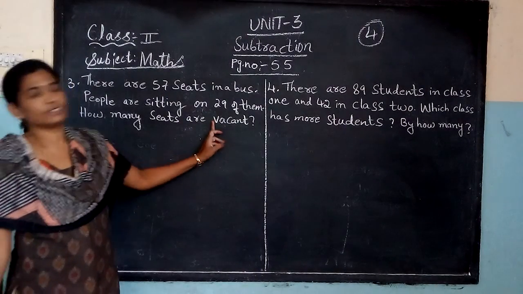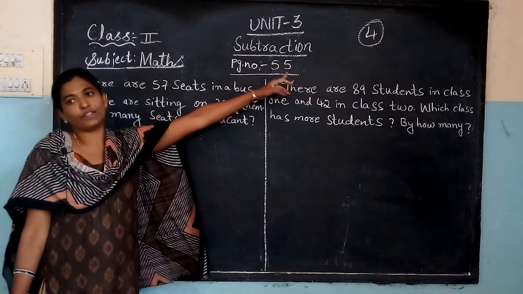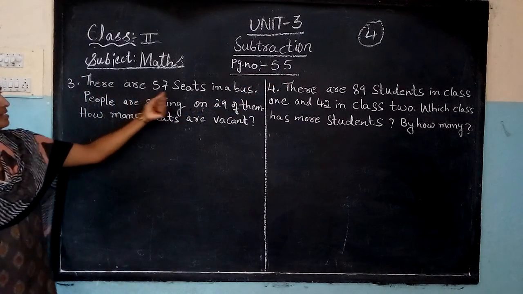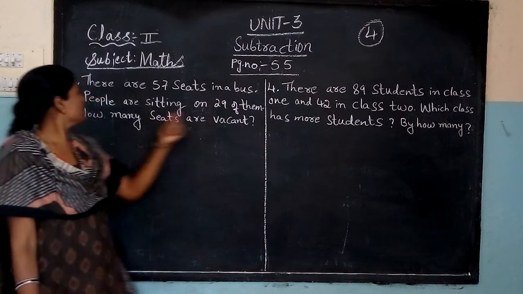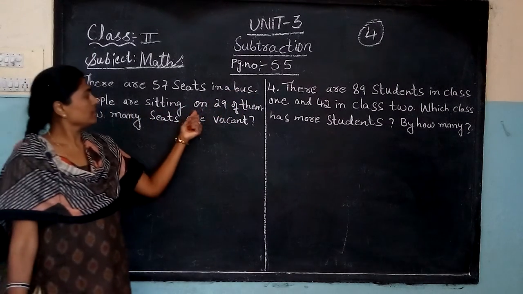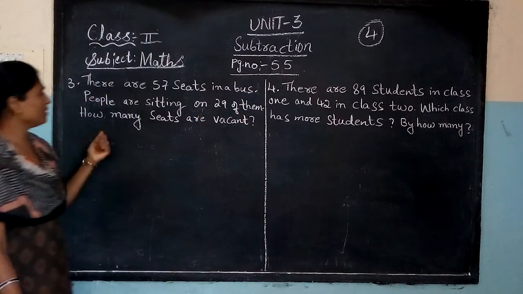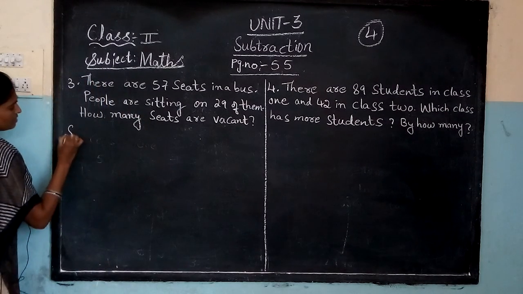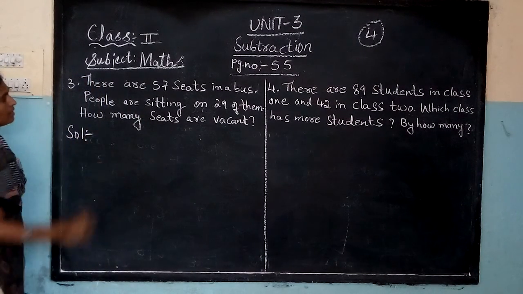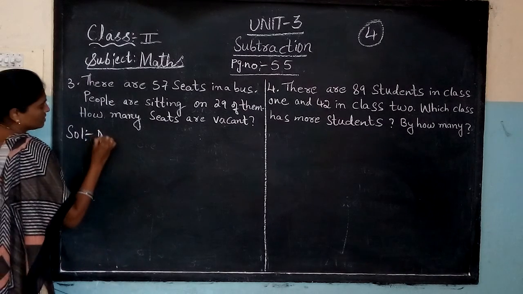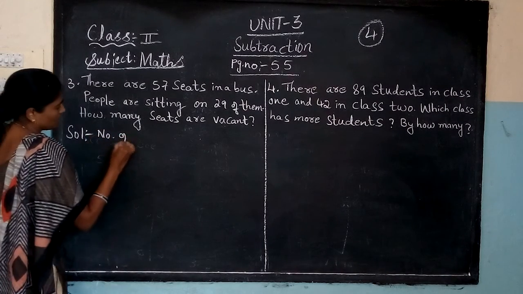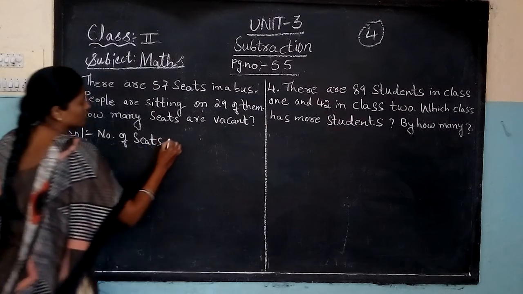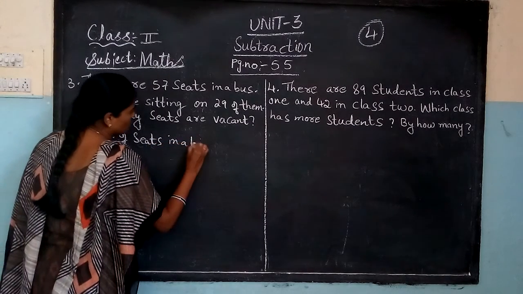Next topic, children. Page number 55, same subtractions only. Here you see this sum, I will read. There are 57 seats in a bus. People are sitting on 29 of them. How many seats are vacant? Yes, now tell the solution. Number of seats in a bus, how many?